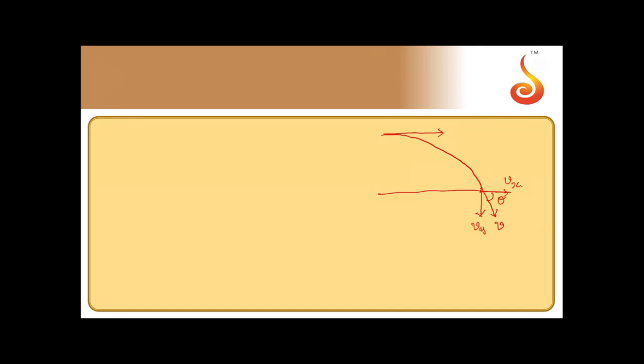So tan theta is equal to Vy by Vx, that is 98 by 98, equal to 1. So tan theta is equal to 1, that means theta is equal to 45 degree. So it strikes the ground making an angle 45 degree with the horizontal.